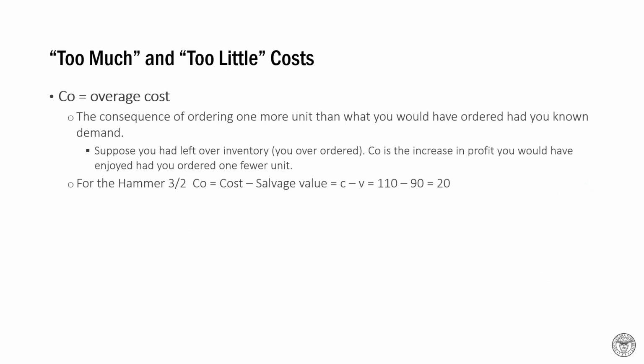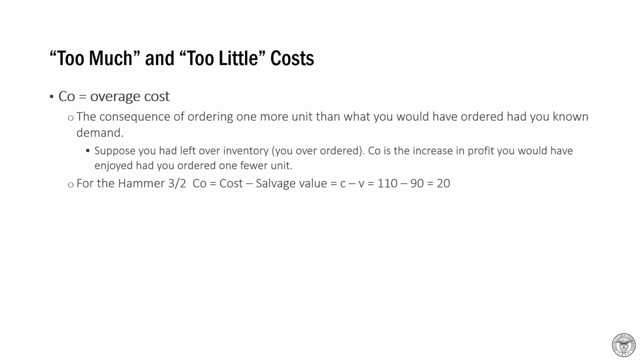As we move forward with determining the optimal order quantity for the Hammer 3/2 swimming suit, we must account for two key elements: overage cost and underage cost. Overage cost, or CO, represents the financial consequences of ordering one more unit than what would have been ordered if the demand was known.